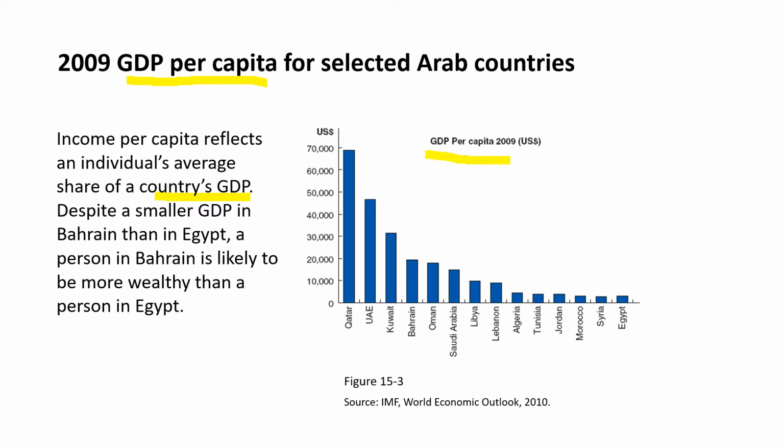Okay, so if you compare GDP per capita between countries, you will notice that Bahrain has a higher GDP per capita compared to Egypt, okay? Which means that a person in Bahrain is wealthier than a person in Egypt. GDP per capita is a good representation of a country's standard of living and describes how much citizens benefit from their country's economy.